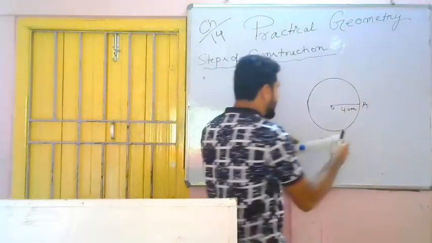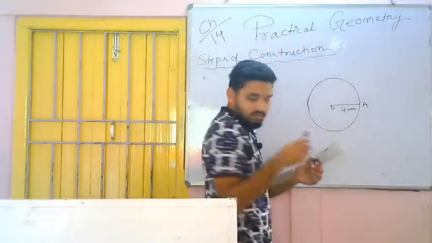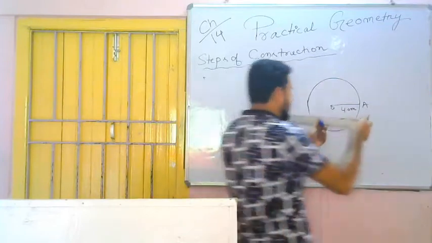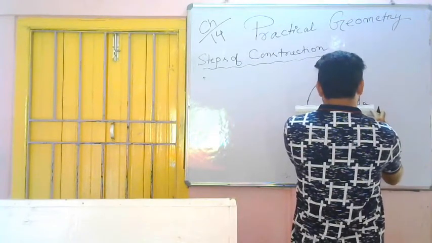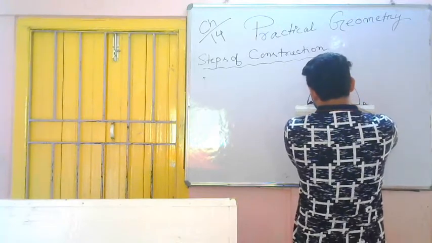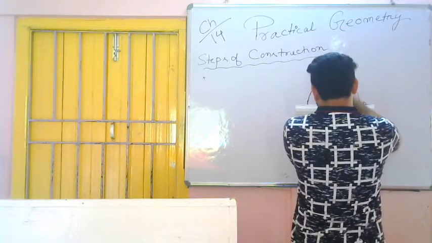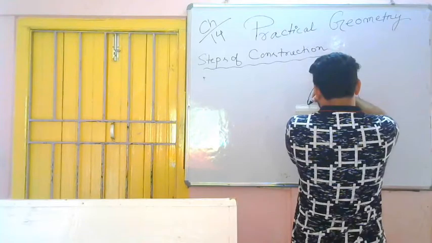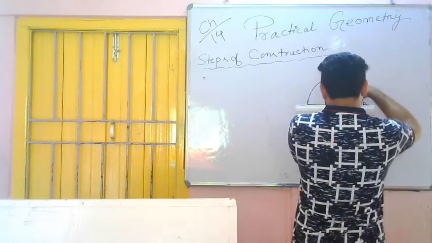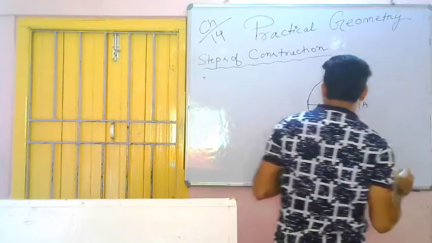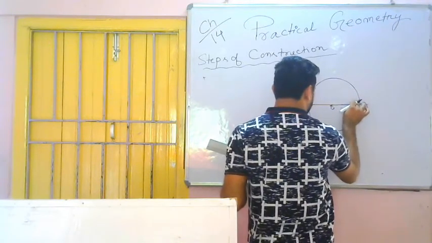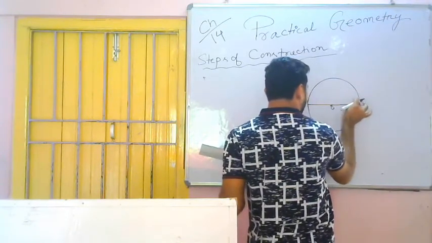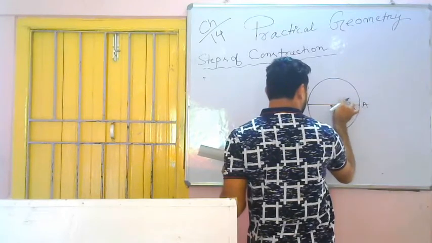Okay, suppose we have drawn the diameter. The diameter is drawn passing through the center of the circle.